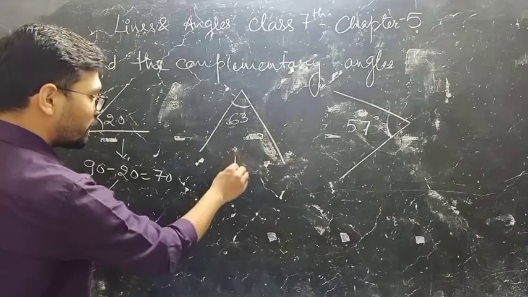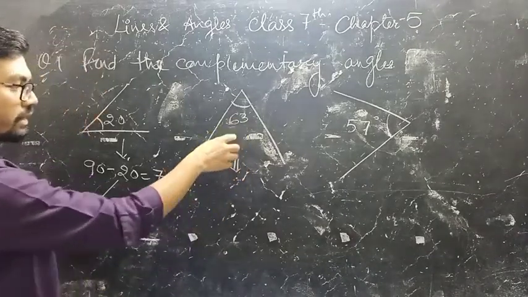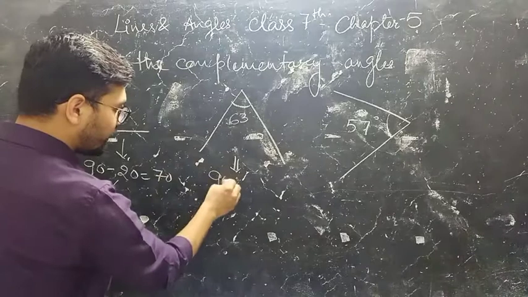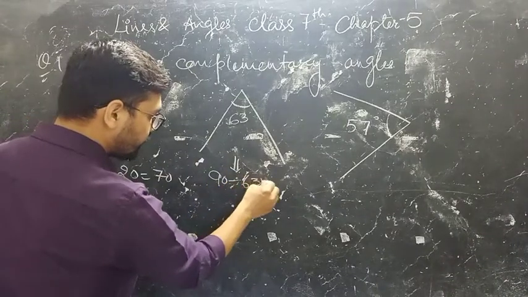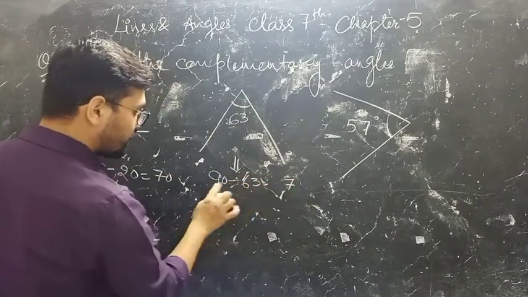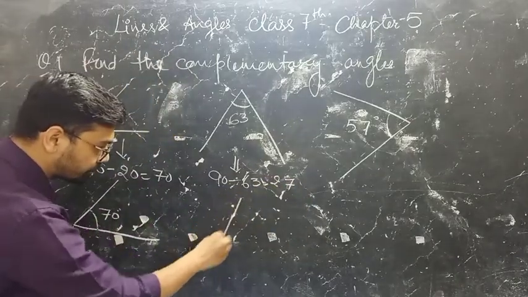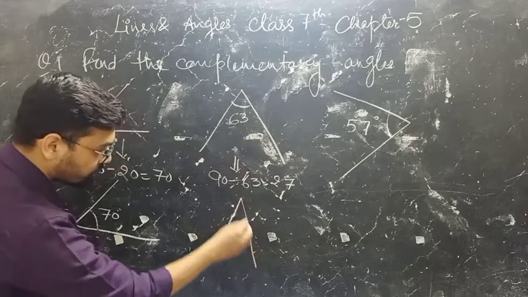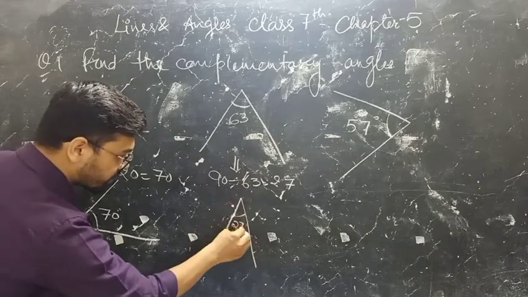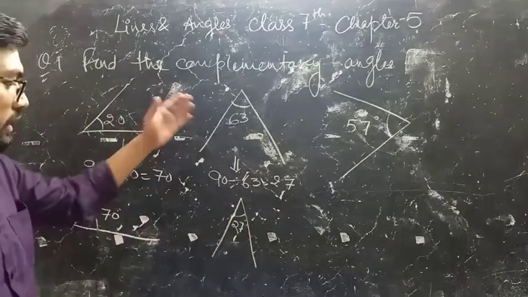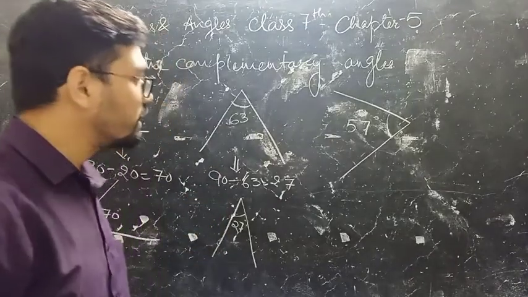Similarly, complement of this angle, 63. So 90 minus 63 will give you 27. So the complementary angle of 63 is equal to 27.